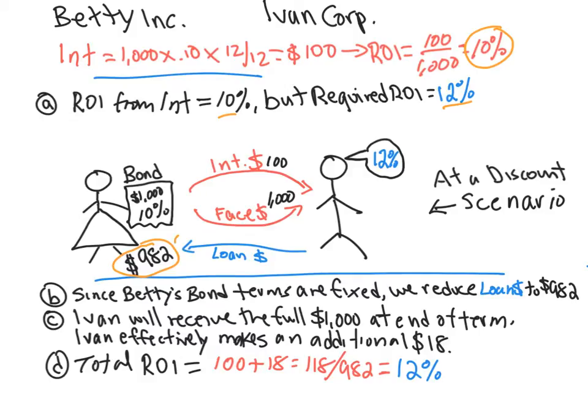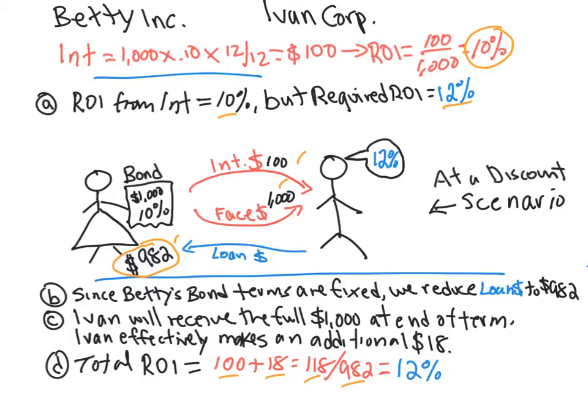So this is how much Ivan will loan, and yet at the end he'll get $1,000 back in addition to the interest payments. So how does it translate to the 12%? When you take the $100 that was earned through the interest payments and the $18 that was basically earned through the discount, you now have $118 total return divided by the total loan from the investor's perspective.